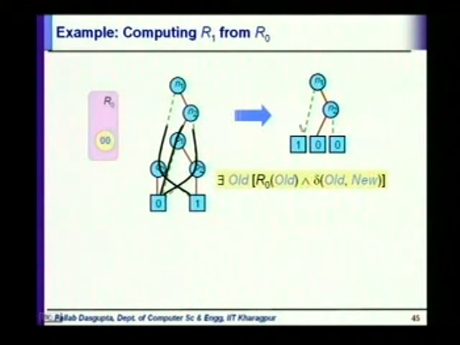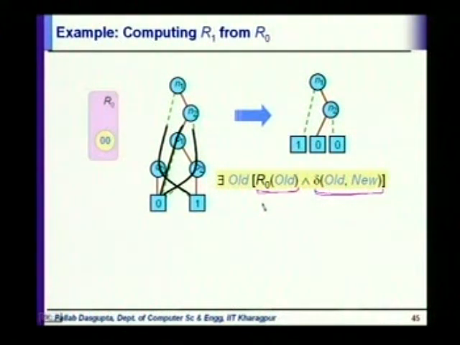And you are doing an AND with the whole BDD because see, what you are doing is you are taking R0 old, this is a BDD for R0 old, and taking the AND with the transition relation, because this is going to substitute these into this and give you the set of next states, right.